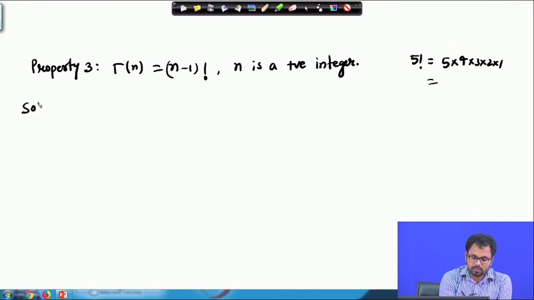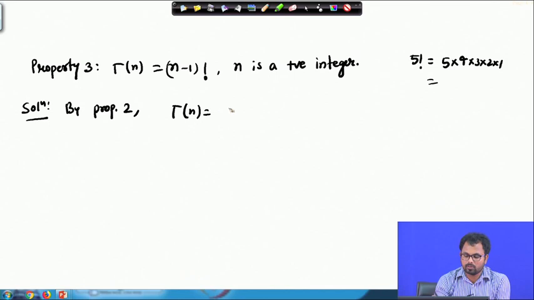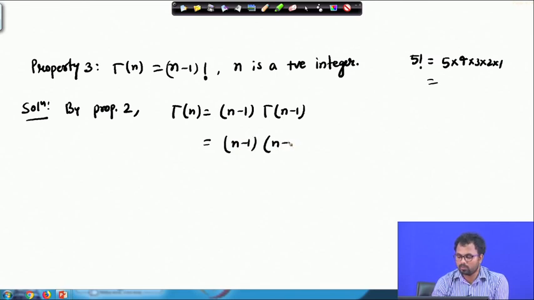So, this is very straightforward to see. So, by property 2, we have gamma n equals to n minus 1 times gamma n minus 1. Now, I use this iterative formula to write gamma n minus 1 as n minus 2 times gamma n minus 2, right. So, the formula for gamma n minus 1 can be replaced with a formula of this type. So, that is what I am doing.